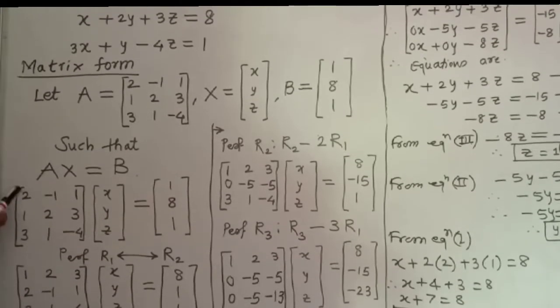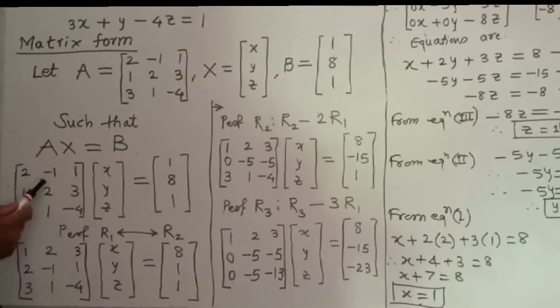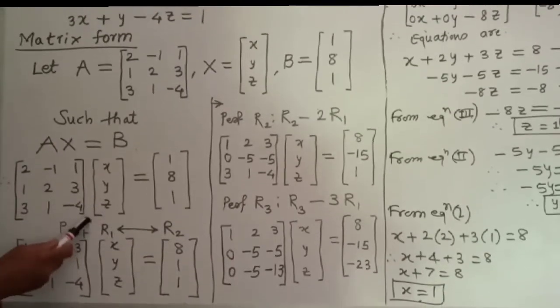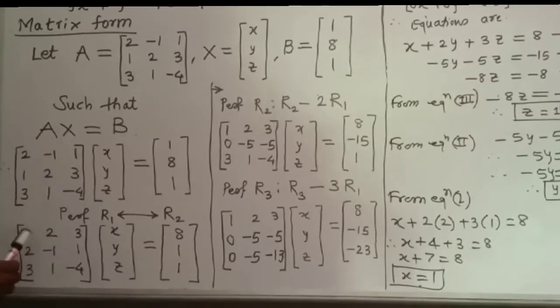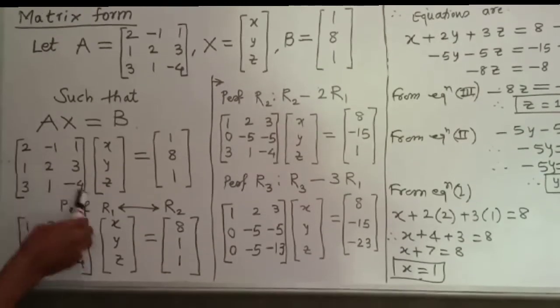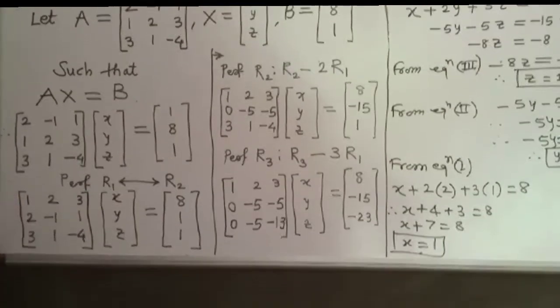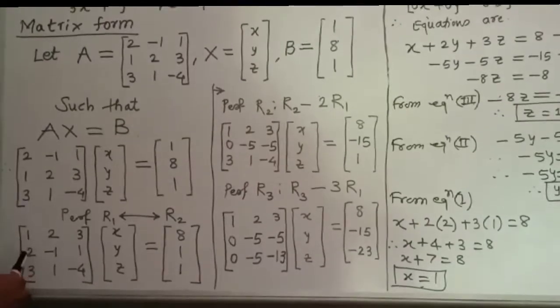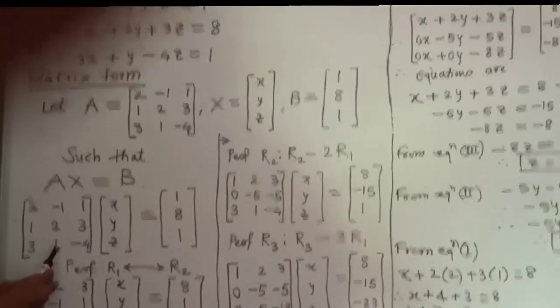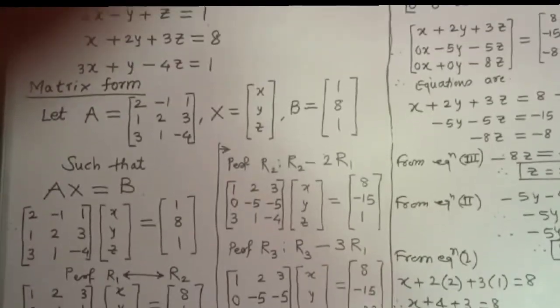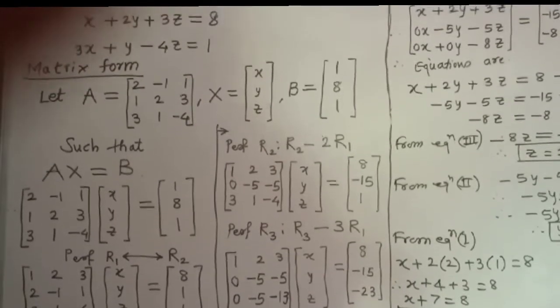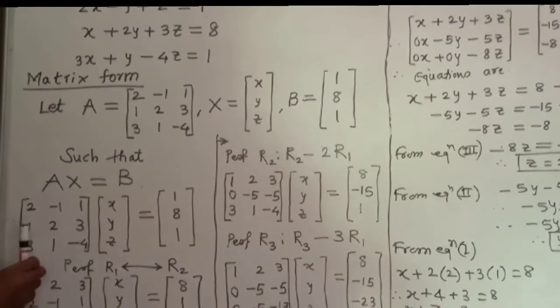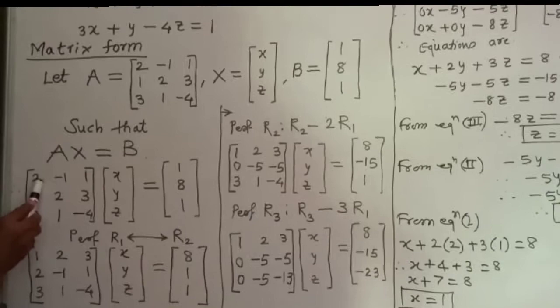Now in this matrix, 2, 2, minus 4 is the diagonal. We convert the elements below the diagonal into 0. That means 1 into 0, this 3 into 0, and 1 converted into 0. Now first of all, I convert this 2 into 1.